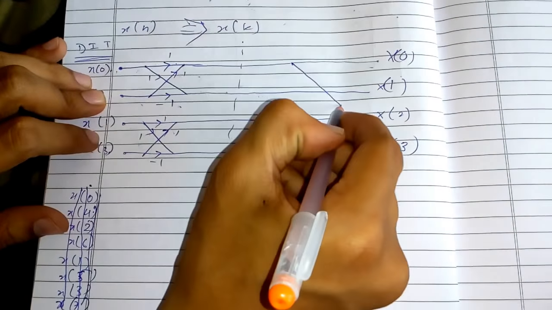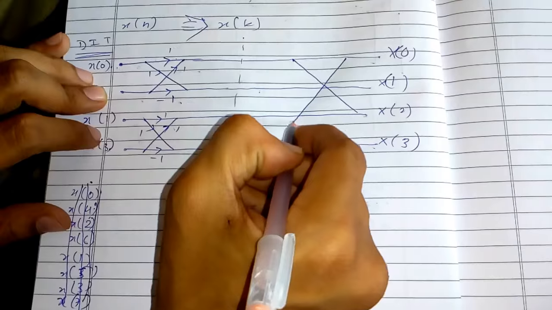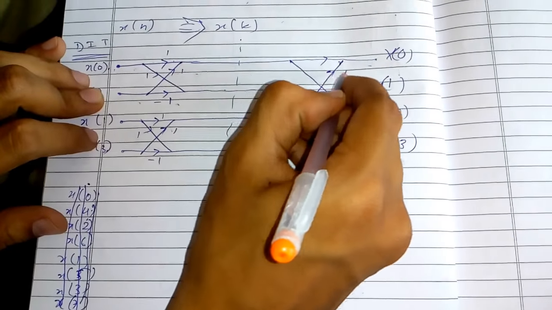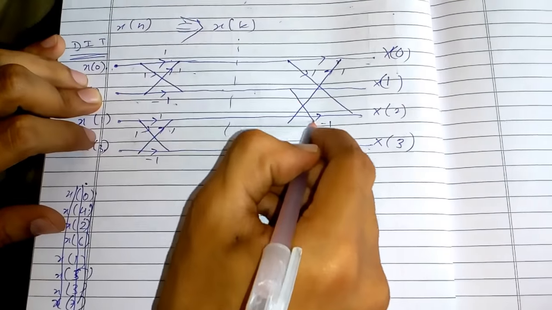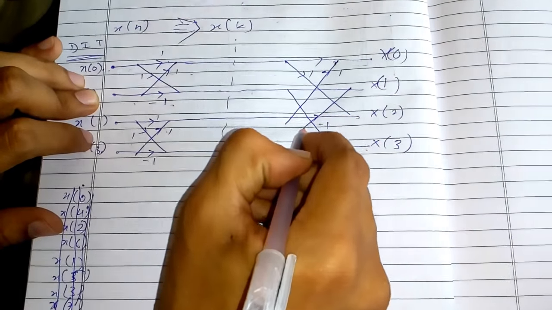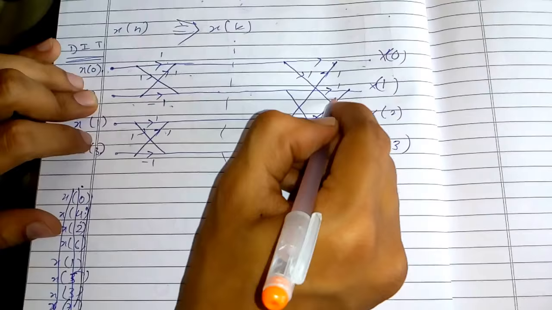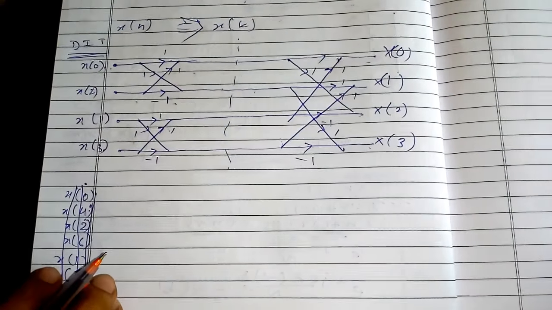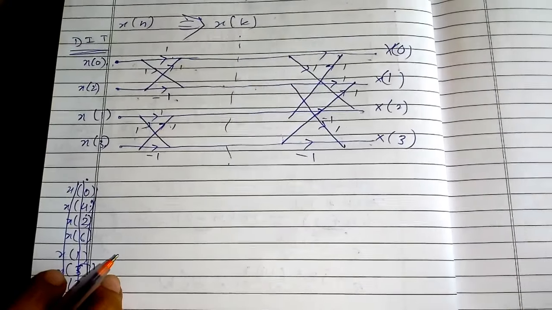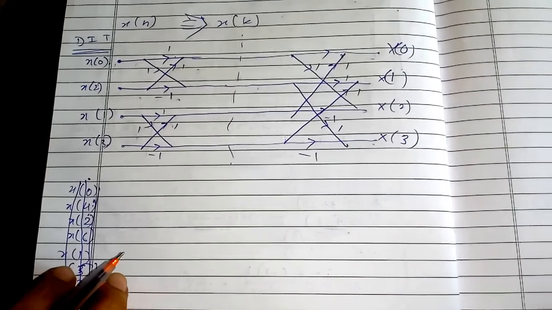So you will have a cross like this, 1, 1, 1 and base is minus 1. Then you'll have a cross like this, 1, 1, 1 and base is minus 1. Okay, I hope you understood till here.